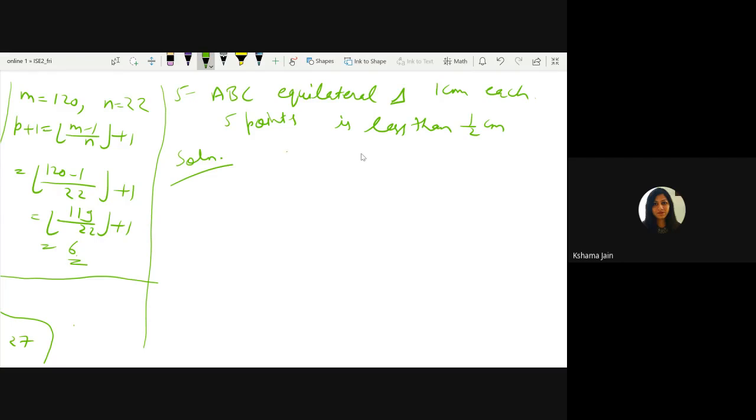Okay. See what they are saying. One equilateral triangle you are having, A, B, C, of 1 centimeter each. They are saying put 5 points inside this.